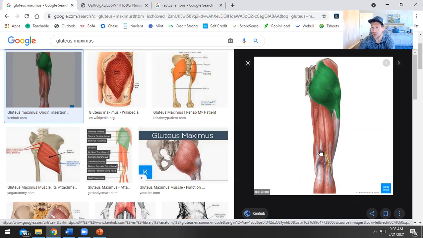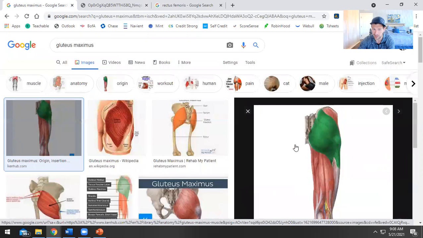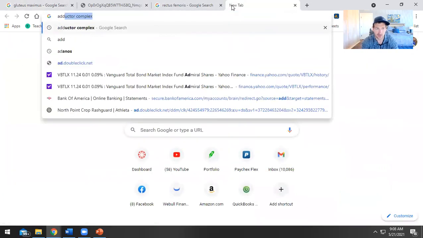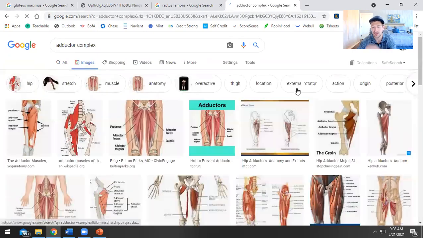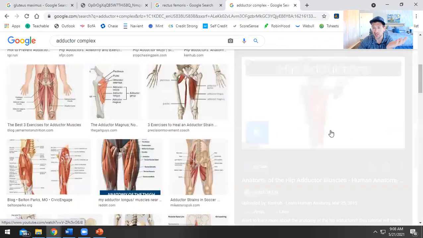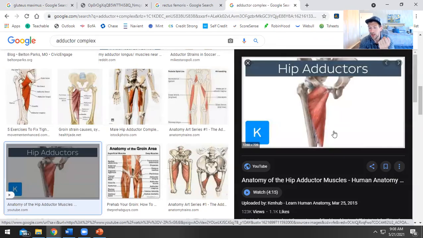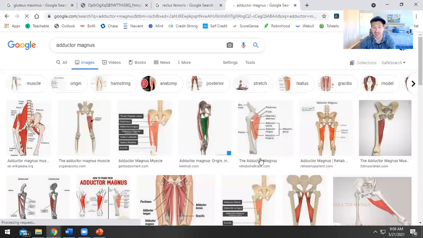Those hamstring muscles assist in hip extension. They do a little bit of it, but it could also end up being your adductor complex. So your adductors are these muscles on the inside part of the thigh. You've got a couple of them that actually can do a little bit of hip extension. Most of them perform hip flexion. But you've got this adductor, let's see here, adductor magnus, which actually does hip extension.